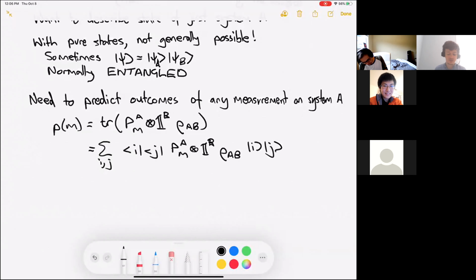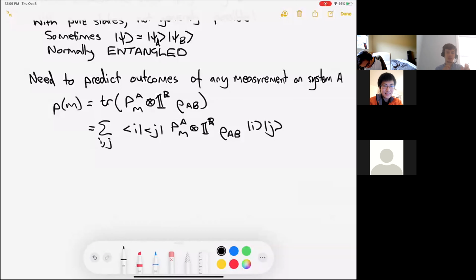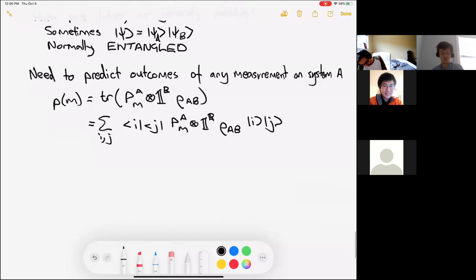Summing over i and j gives us the trace, because the basis for the tensor product is given by all combinations of an orthonormal basis for A and an orthonormal basis for B. But now we note that this projector on A tensor the identity doesn't do anything at all to the state j, and so we can move it inside.